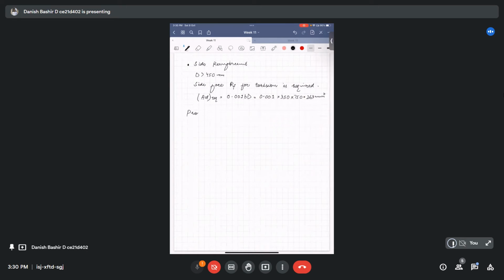So I am providing four 10 mm diameter bars. The provided area is 4 bars times pi by 4 times 10 square, which comes out to be 452 mm square.